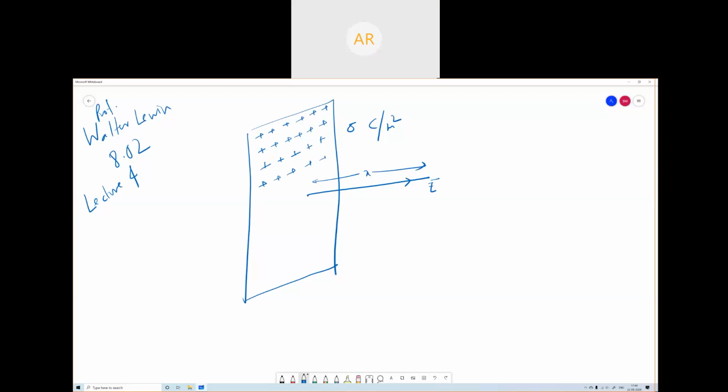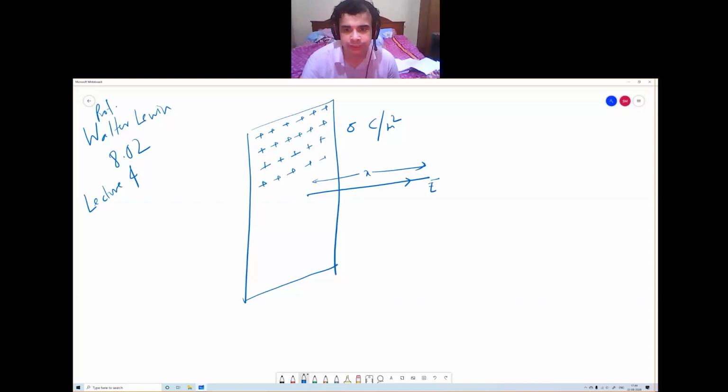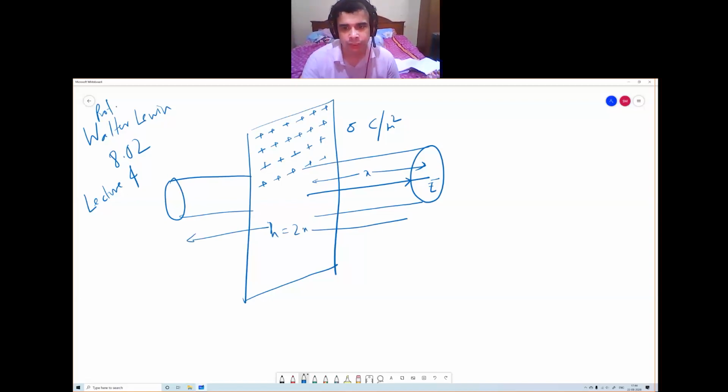We can take a cylinder. Yes, a cylinder is a good option. So we take a cylinder like this, whose height is 2x, and the top surface area is S.